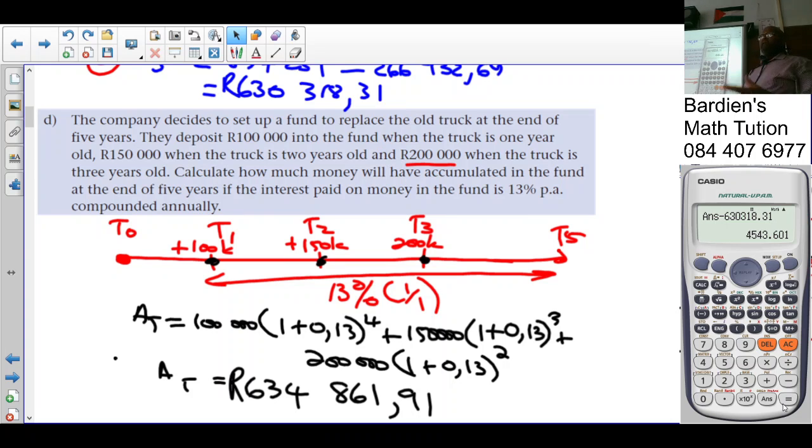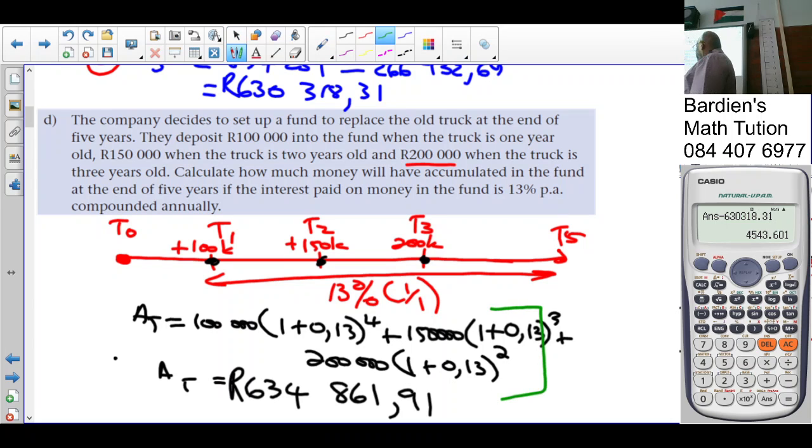Make sense? If they ask you how much interest was earned over the 5-year period, remember that is the amounts they have paid into the account. Okay?